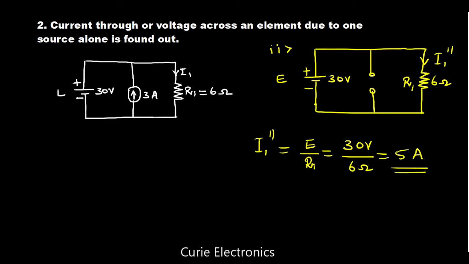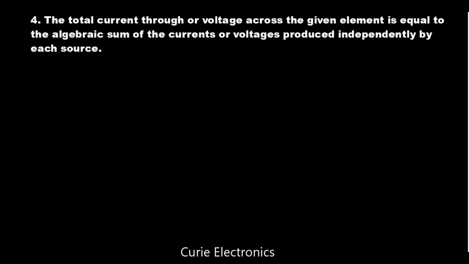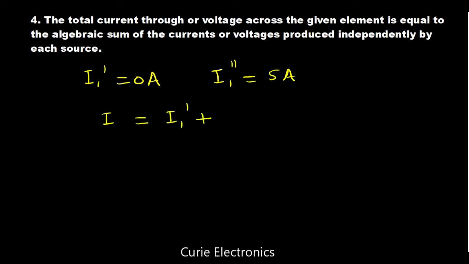Now once we get these two, what we have to do? We have to take the algebraic sum. So what we got? I1 dash equal to 0 amps and I1 double dash equal to 5 amps. So I equals the algebraic sum of I1 dash plus I1 double dash.